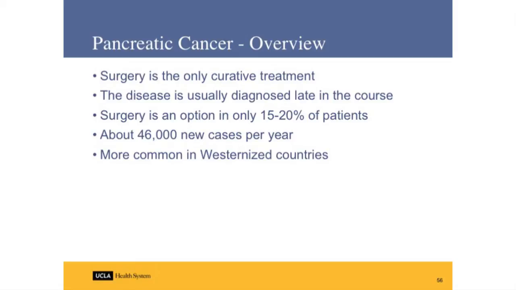There are about 46,000 new cases per year. This type of cancer is more common in westernized countries. The 5-year survival rate of pancreatic cancer, even after surgery, is only 25 to 30%.